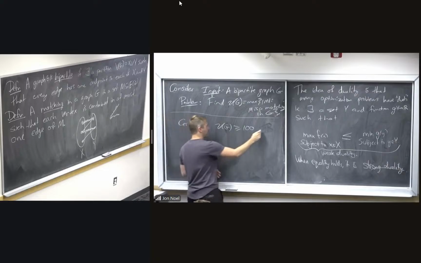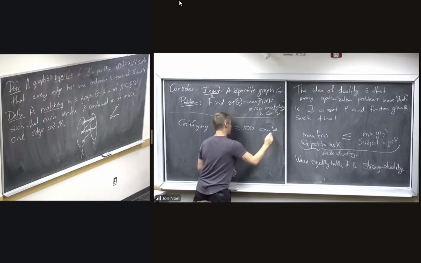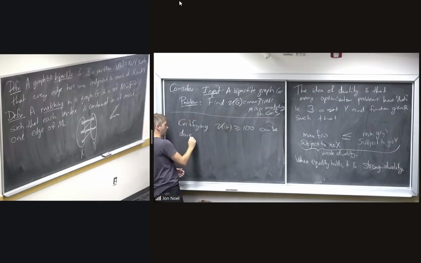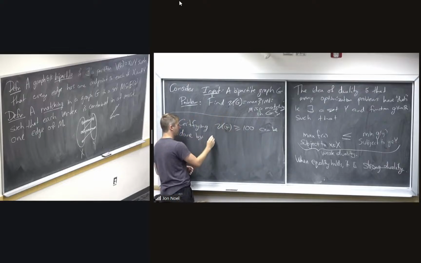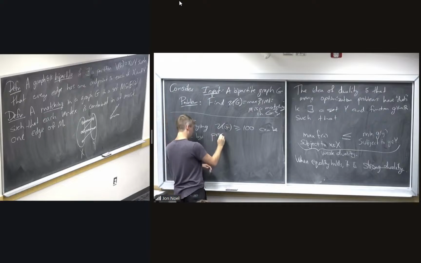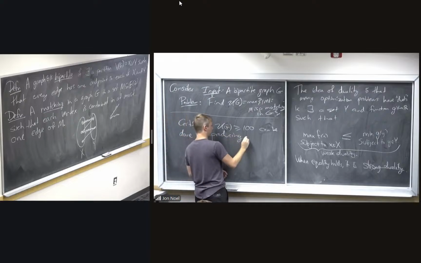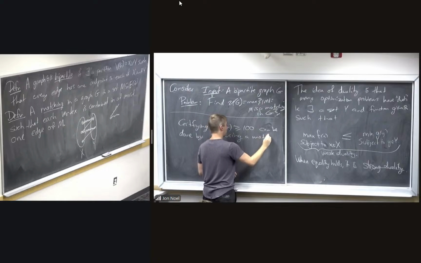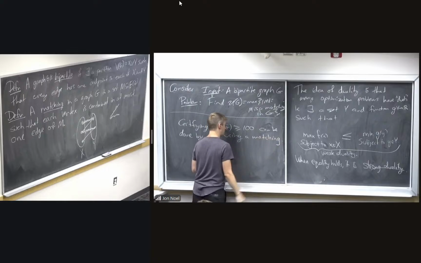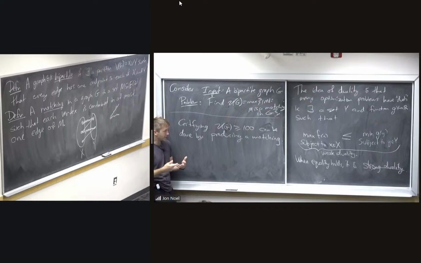It can be done by just producing a matching. But proving an opposite inequality, that the matching number is at most something, that's not obvious. How would I do that? And this is where this duality thing kicks in.